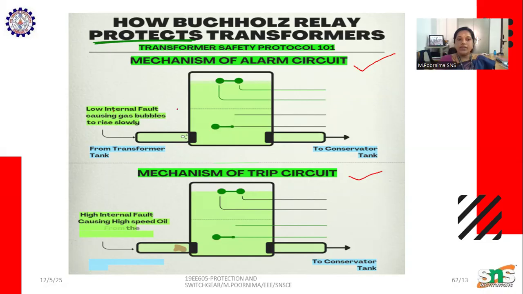When a low internal fault occurs, it causes gas bubbles to rise slowly inside the oil tank. The bubbles try to move up to the conservator.